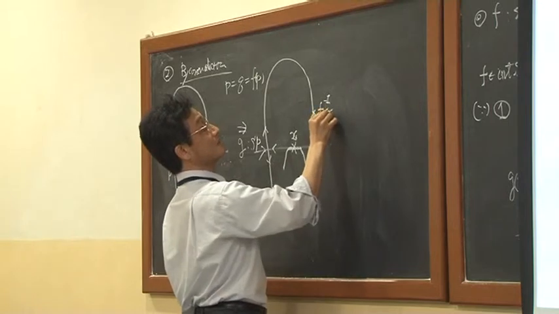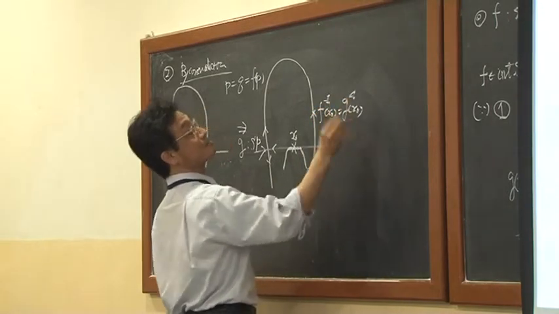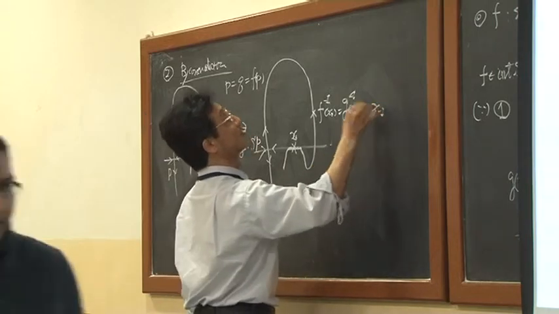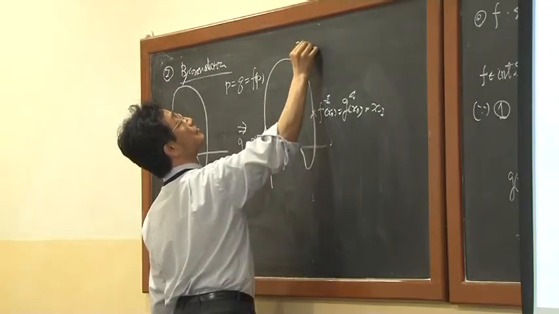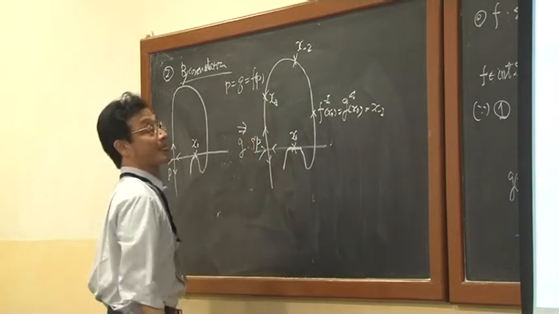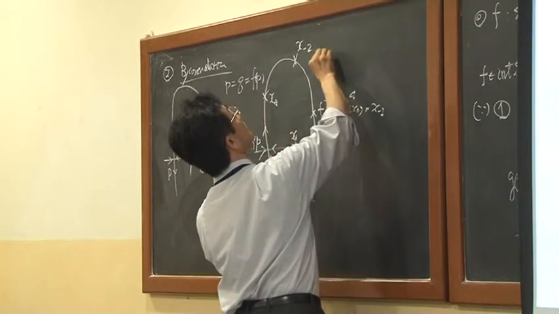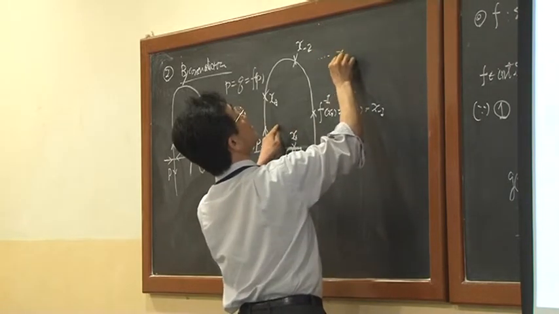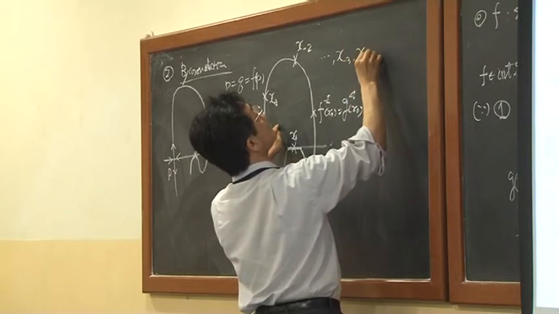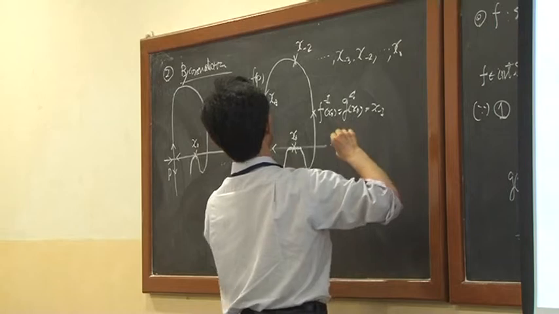This is x0, and this is x minus 1, x minus 2, x minus 3, and so on, a backward orbit from here.